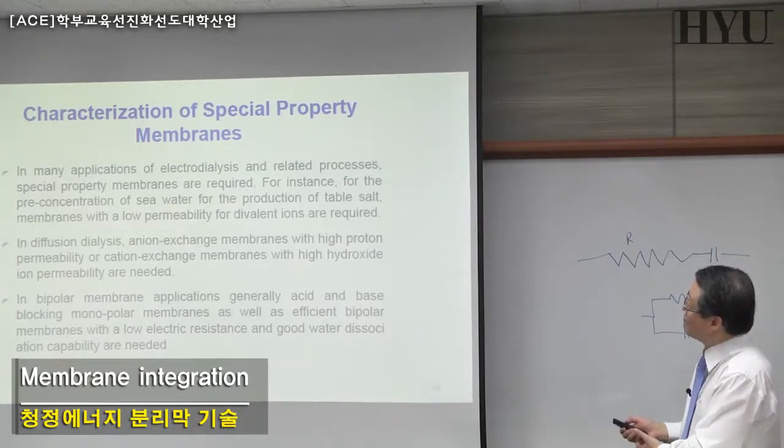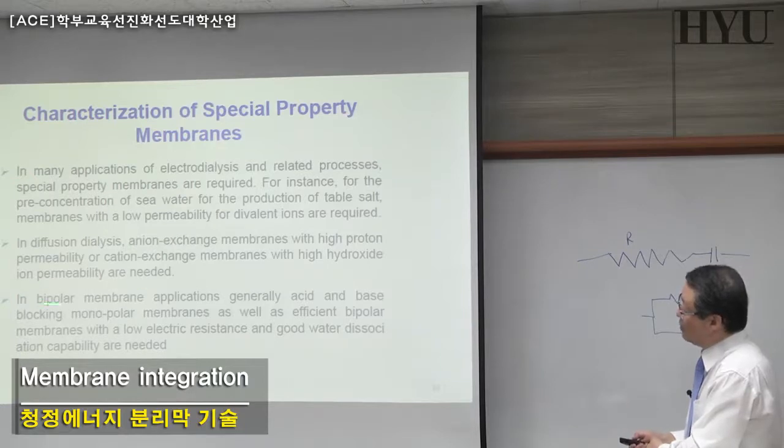Anyway, in order to pre-concentrate the seawater, we need some membrane with low permeability for diluted ammoniums in some cases.